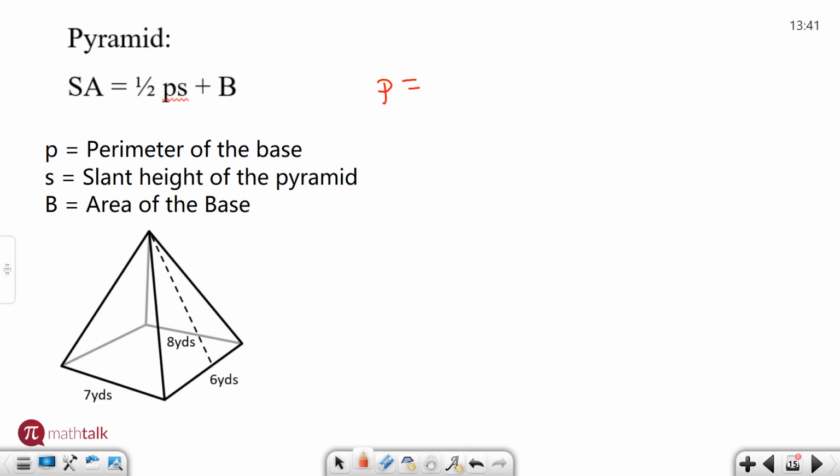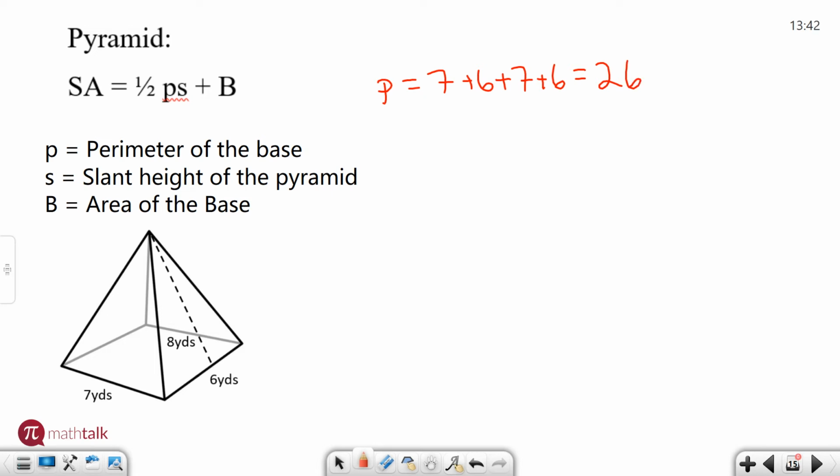So P, the perimeter of my base. It's a rectangular base because the sides are not all the same. We have 7 and 6, which means we have 2 7s and 2 6s because it's a rectangle. 2 7s plus 2 6s is going to get me 26. 13 and 13, 26.